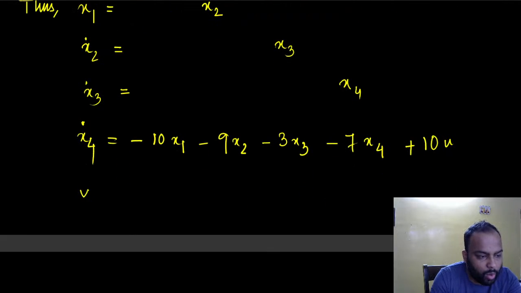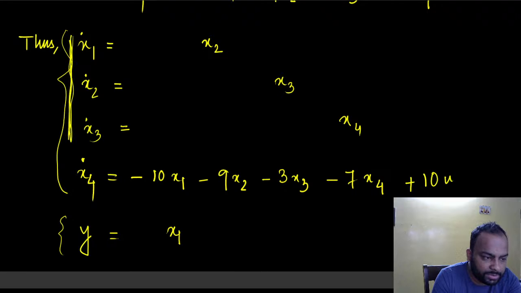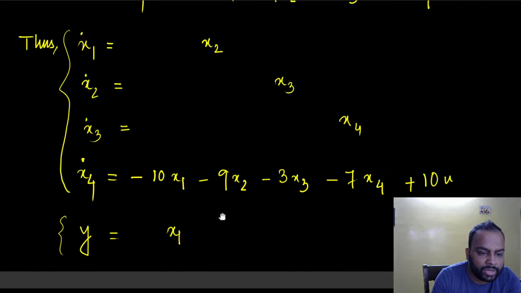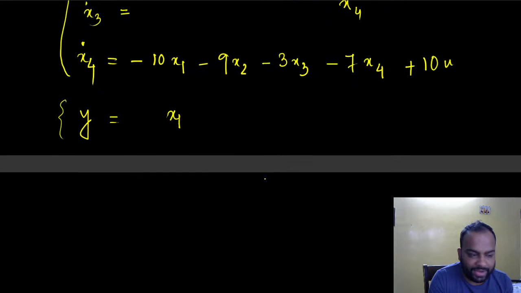And of course the y output is just x1, as per our assumption. So these 4 represent the state equations, and this is the output equation. I think that is understandable, right? So now with this I can convert this into the state variable form proper.